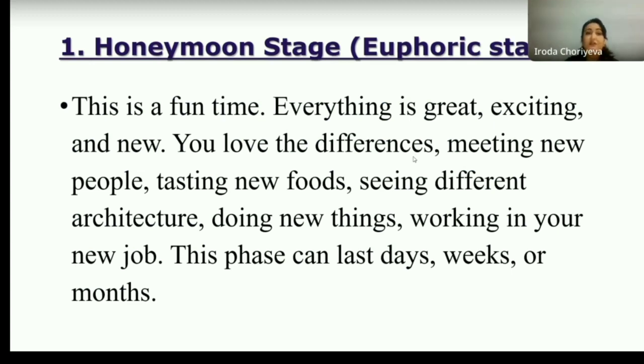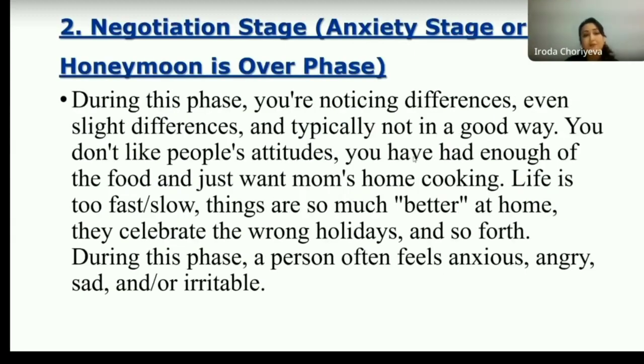The next stage is negotiation stage, and sometimes it can be called anxiety stage or the honeymoon is over phase. During this phase, you're noticing differences, even slight differences, and typically not in a good way. You don't like people's attitudes, you have had enough of the food, and just want mom's home cooking.